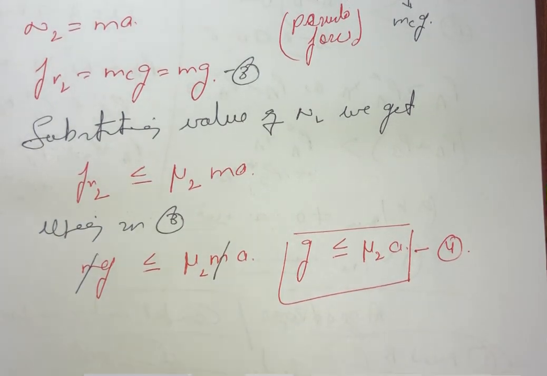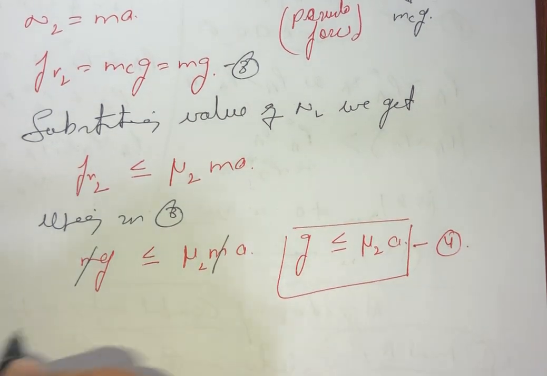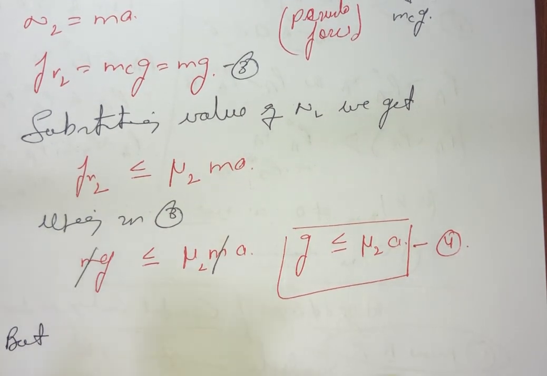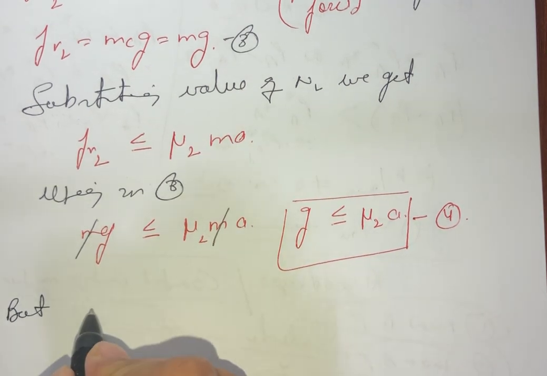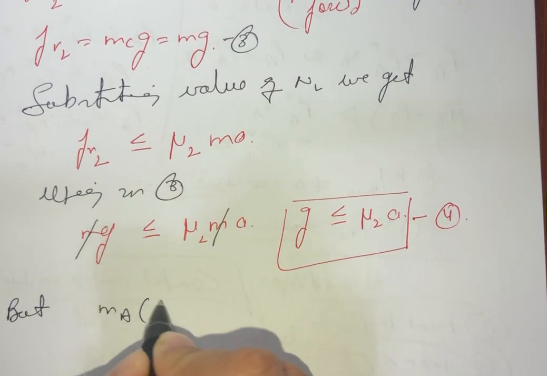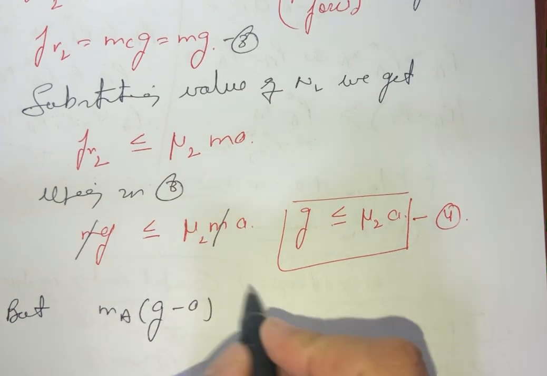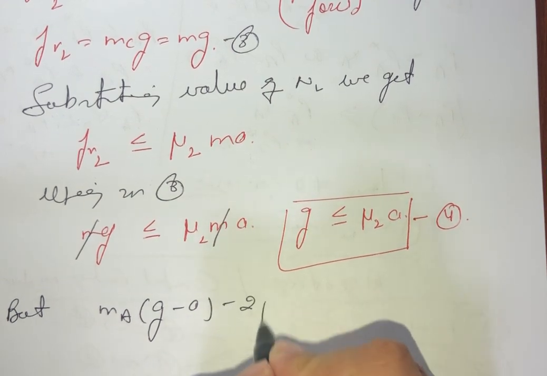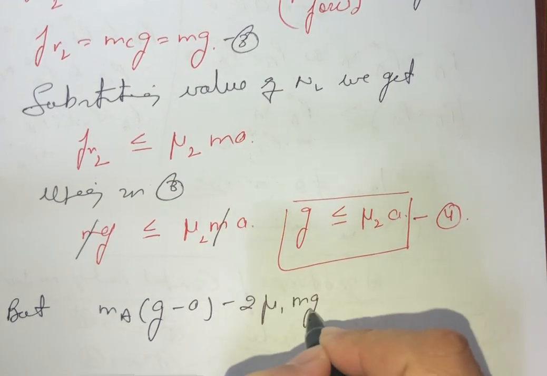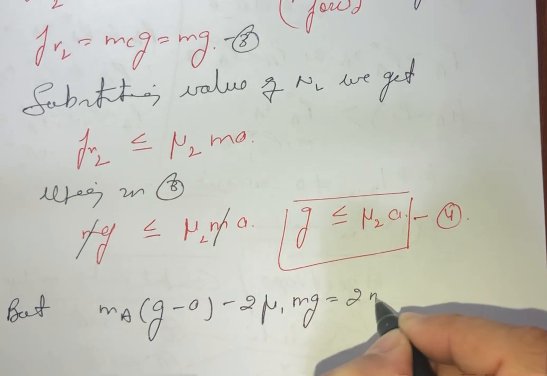Okay. And we already have an equation. Okay, let me write it. But MAg minus a minus 2 mu1 mg is equal to 2ma.